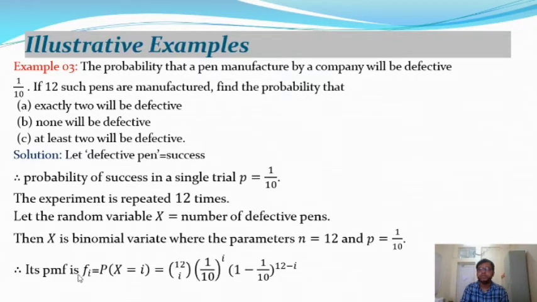So its probability mass function is f(i) equal to probability of X equal to i, and in a binomial distribution it will be 12ci (1 by 10) to the power i into (1 minus 1 by 10) to the power 12 minus i. So this is the binomial distribution where the probability of success is 1 by 10 and the number of trials is 12.